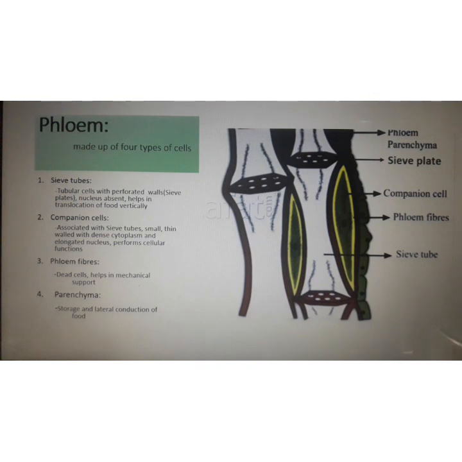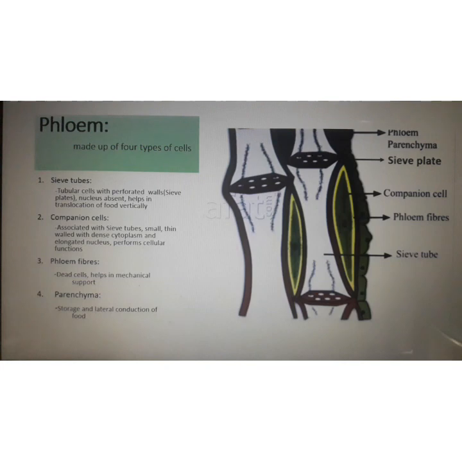Next, we are going to look at phloem. Phloem consists of 4 types of cells: sieve tubes, companion cells, phloem parenchyma and phloem fibers. Except phloem fibers, all the phloem elements are living. Look at the sieve tube first. Sieve tubes are slender, tube-like and composed of elongated, thin-walled cells placed end to end.